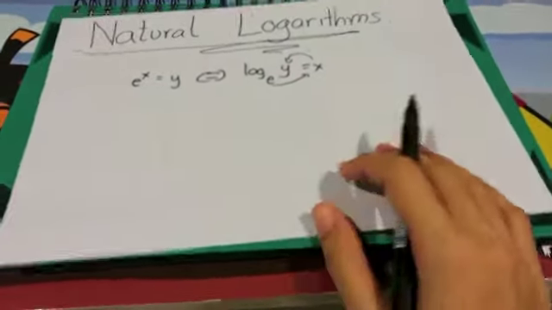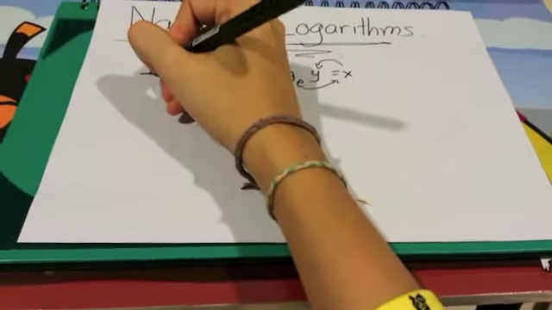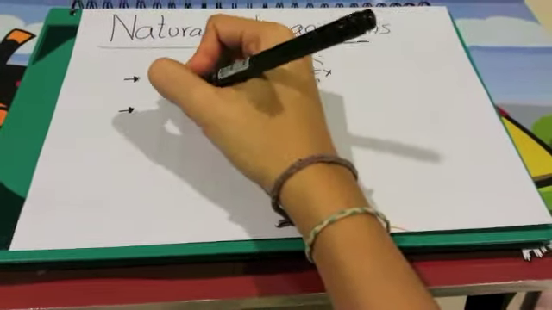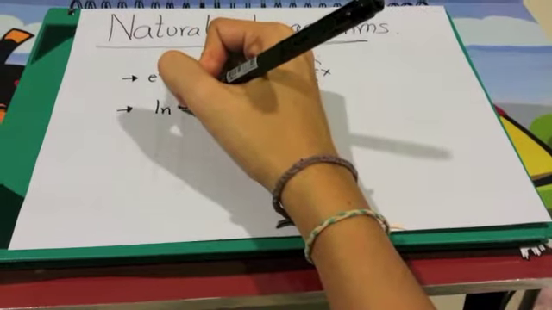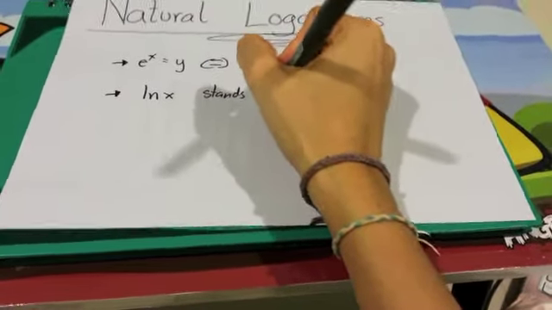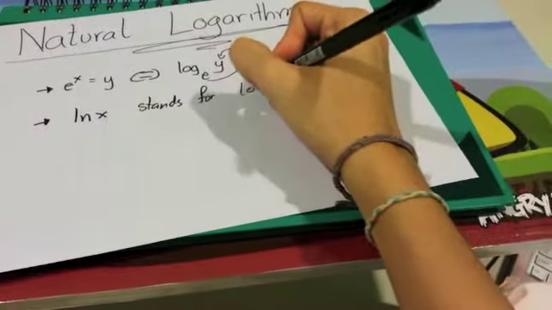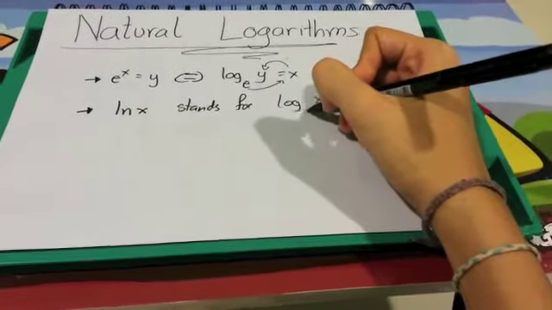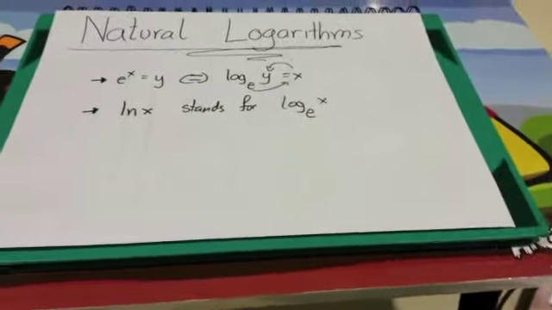So it says that ln x stands for log x in base e.